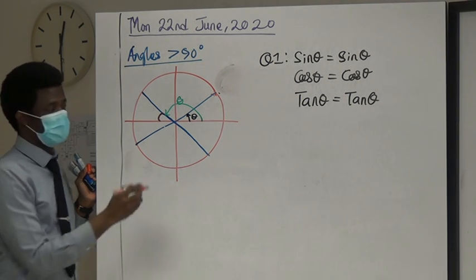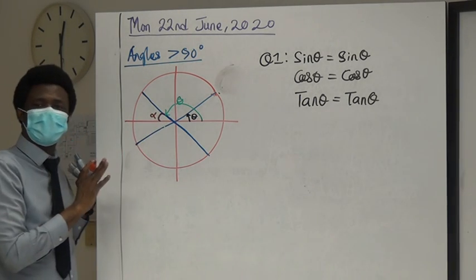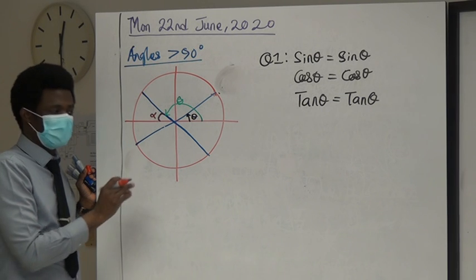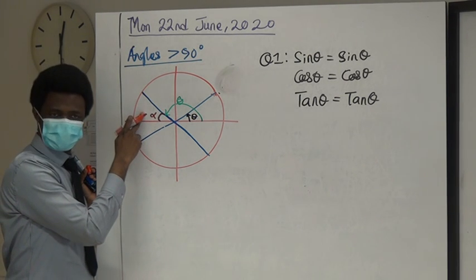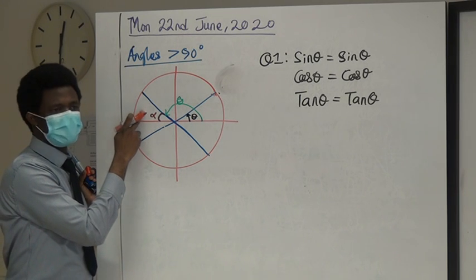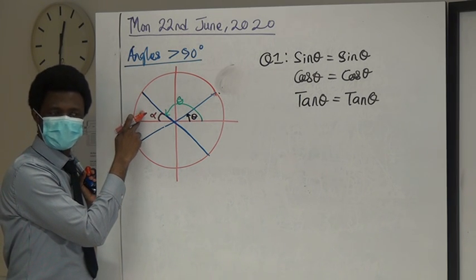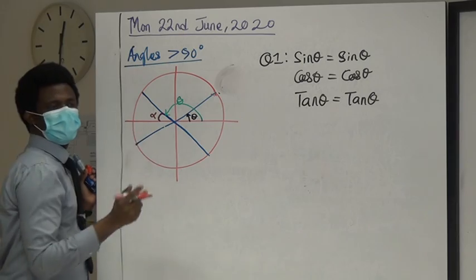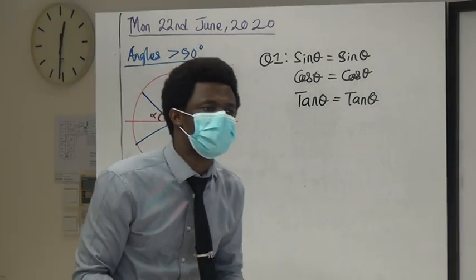Am I making sense? So if this is the angle that I can work out, is this angle acute or not? You know what an acute angle is, right? Acute is less than 90. Is this an acute angle or not? Yes. Why am I particular about acute angle?